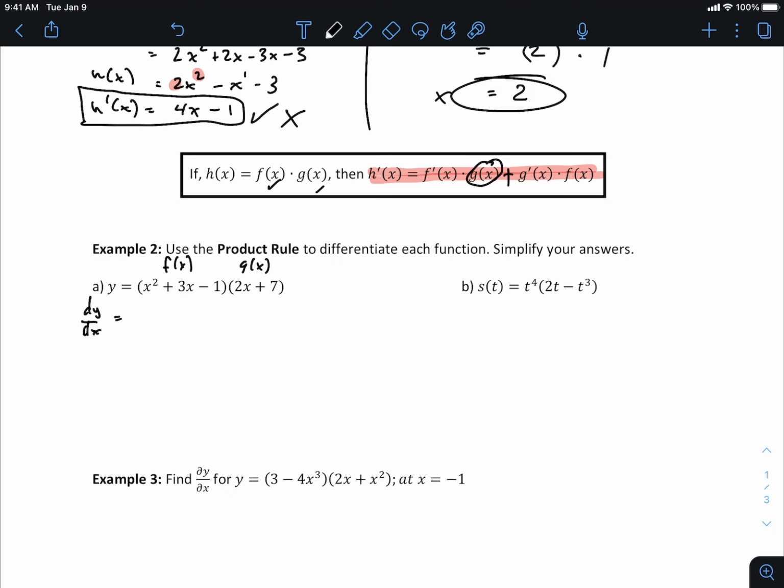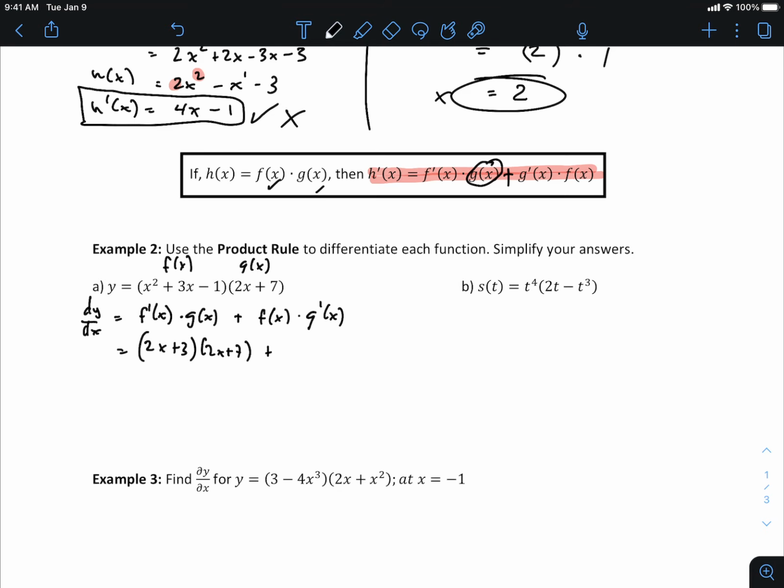We can say, okay, well, I want f prime of x multiplied by g of x plus f of x multiplied by g prime of x. Okay? And so all you have to do is say, okay, well, I'm going to derive f of x, right? Well, the derivative there is going to be 2x plus 3. And I'm going to multiply by the original g of x, so 2x plus 7.